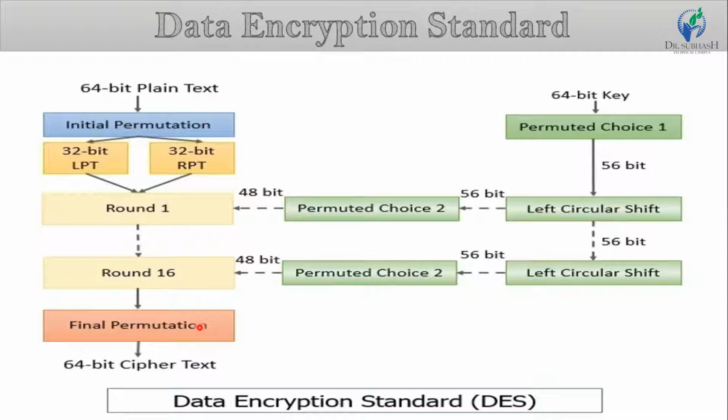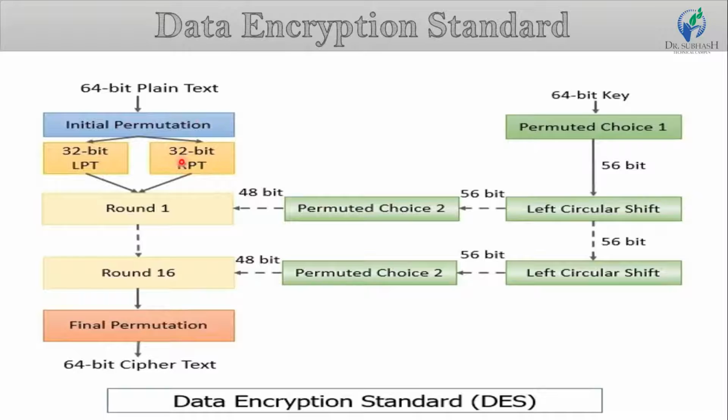So in step 1, the 64-bit plain text is submitted to the initial permutation, which rearranges the bits to produce two 32-bit permuted blocks, called left plain text, LPT, of 32 bits and right plain text, RPT, of 32 bits.